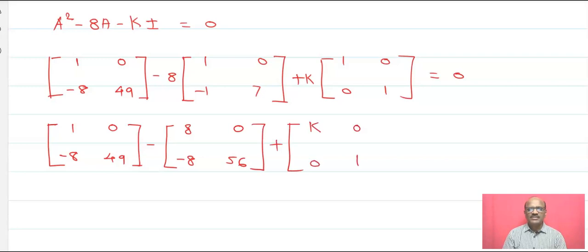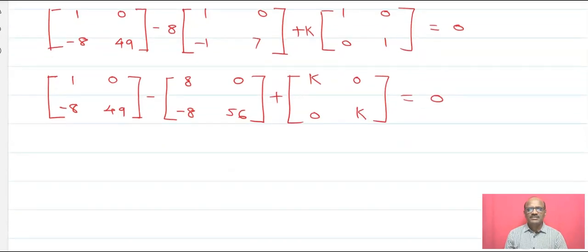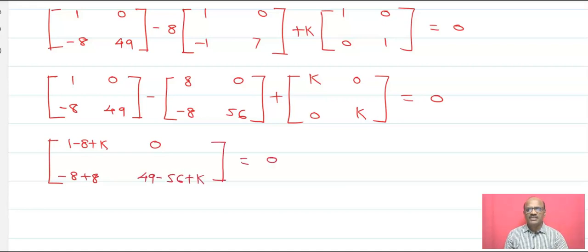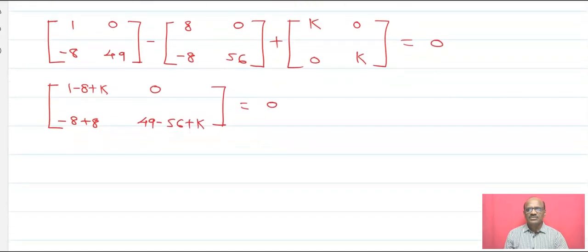Minus KI must be there, if a small mistake is there. Now see this. Now, that is 1 minus 8 plus K, 0. Minus 8 plus 8. 49 minus 56 plus K, that is equal to 0.